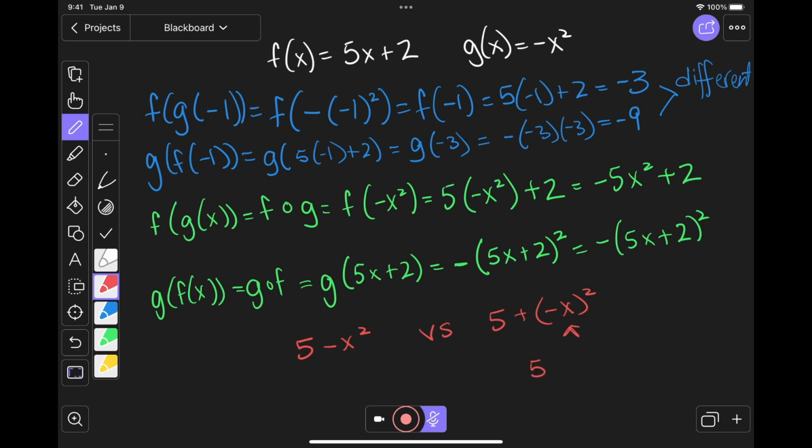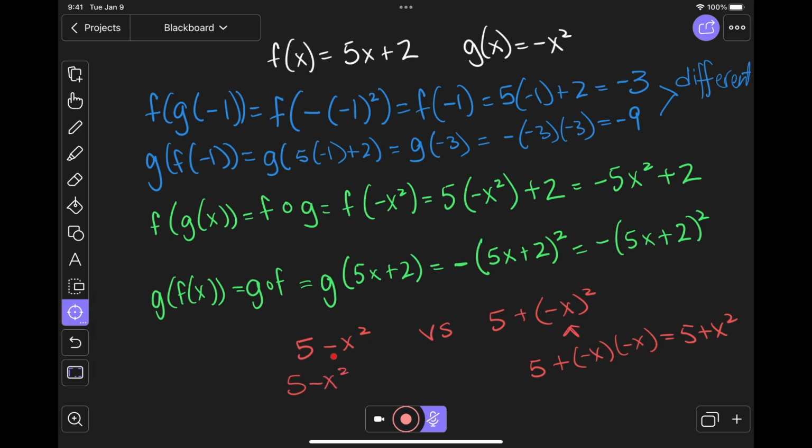So this is 5 plus -x times -x, which is 5 plus x squared, because a negative times a negative is positive. This one is still 5 minus x squared. The squared here does not apply to this negative sign. The squared here does apply to this negative sign. So those two things are different. That's often a little sticking point that students have.